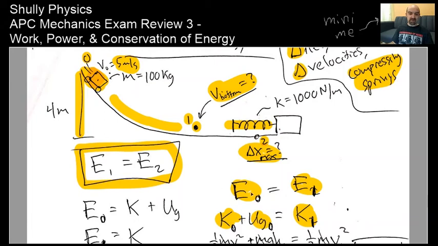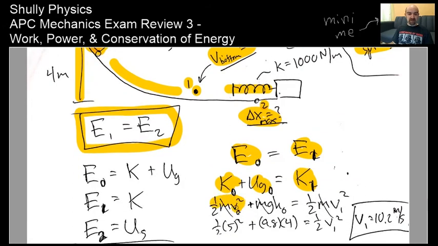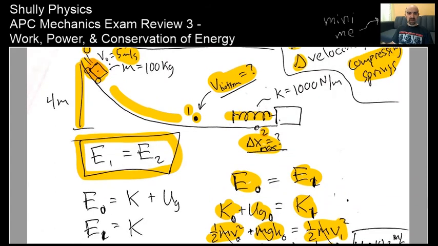That's the total energy at the start, and kinetic energy at point 1. Substitute in the kinetic energy expression, substitute in the potential energy expression, and kinetic energy at point 1. We plug in known values, 5 at the beginning, 4 meters high, and what is the unknown velocity? 10.2 meters per second.